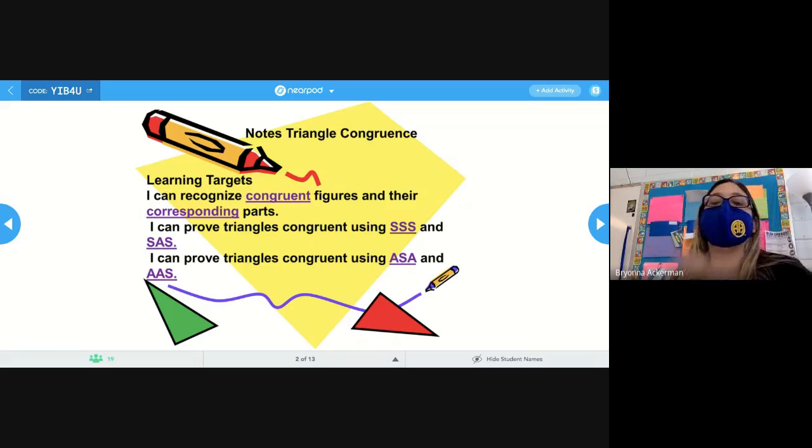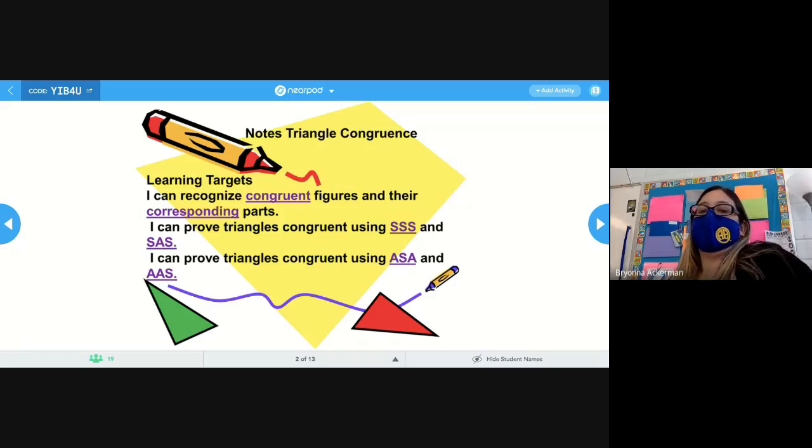If I just talk about triangles for now, remember that meant there were 6 parts that were congruent. So 3 angles on one triangle were congruent to the other 3 angles on the other triangle, so 3 pairs. And then 3 sides were congruent on one triangle to the other triangle. So it was 3 sides and 3 angles, 6 parts to it, okay?